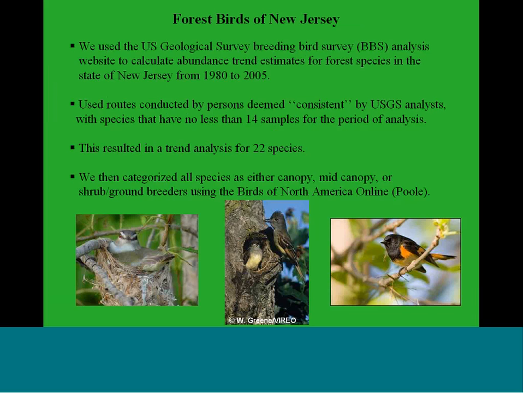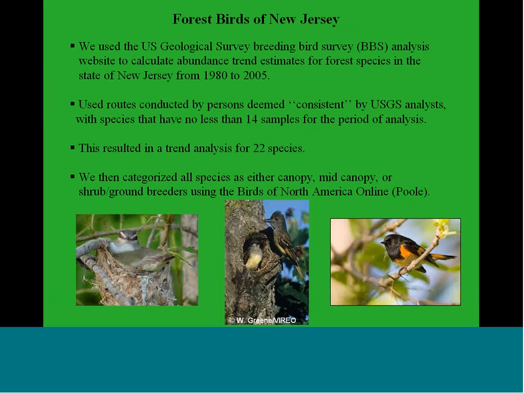This resulted in a trend analysis for 22 species. Once we had these 22 species, we categorized them depending on their breeding habitat, either canopy, mid-canopy, or shrub and ground breeders. We used the Birds of North America online to gather this information.